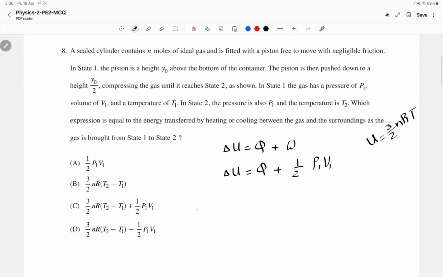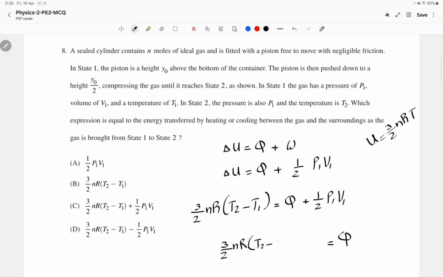So delta U means 3 over 2 nR, T final minus T initial, is equal to Q plus half P1 V1. Now, we're looking to just find the Q alone. So Q is equal to 3 over 2 nR, T2 minus T1, minus half P1 V1. So the answer is going to be choice D.